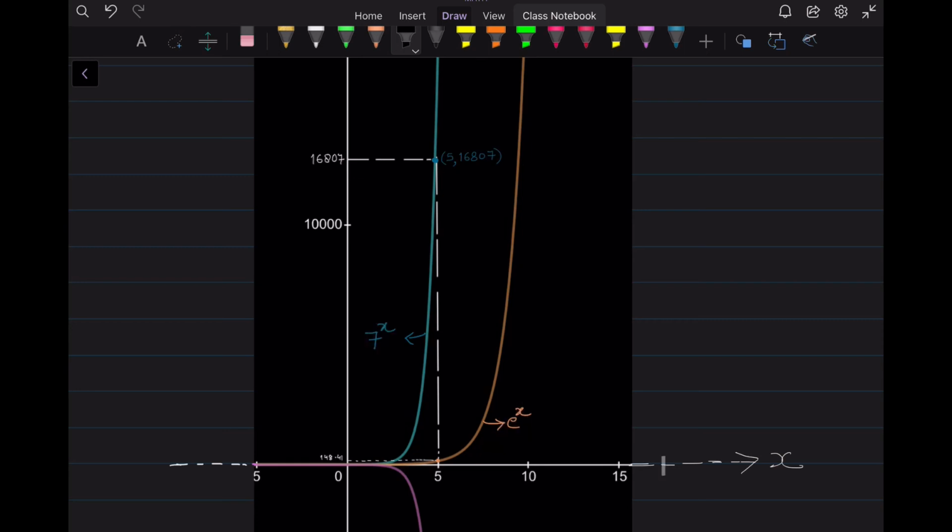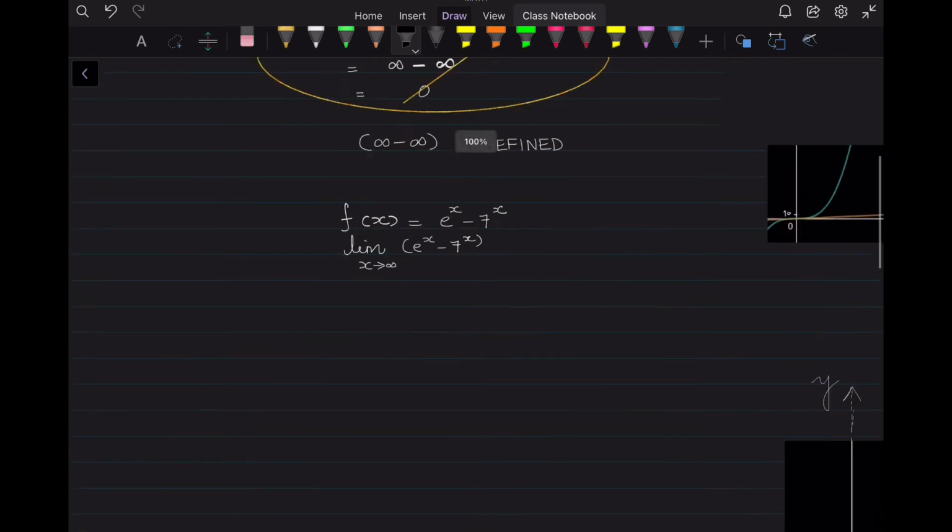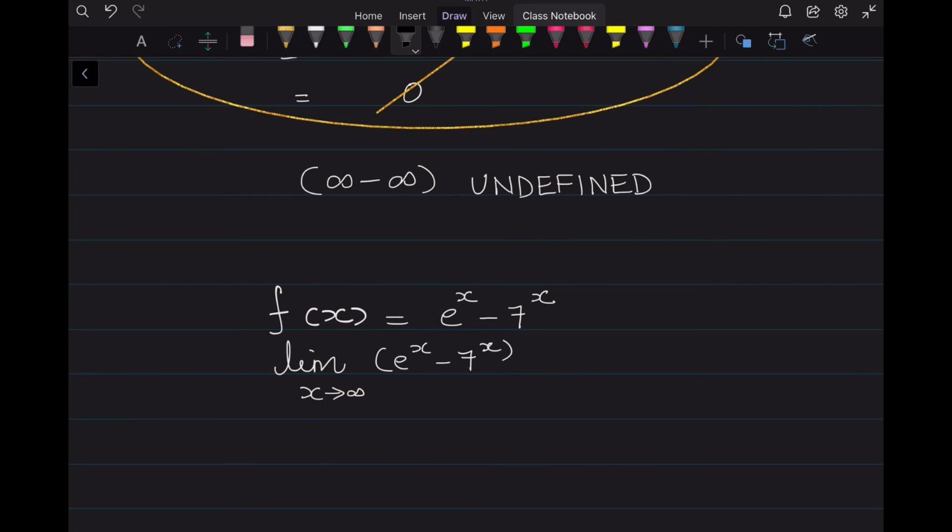So obviously, as x approaches infinity, this 7 to the power of x becomes large as compared to e to the power of x, so much so that it dominates. And e to the power of x loses its effect. So in this case, as x approaches infinity, the behavior of this function is same as the behavior of 7 to the power of x, but in the negative y direction.